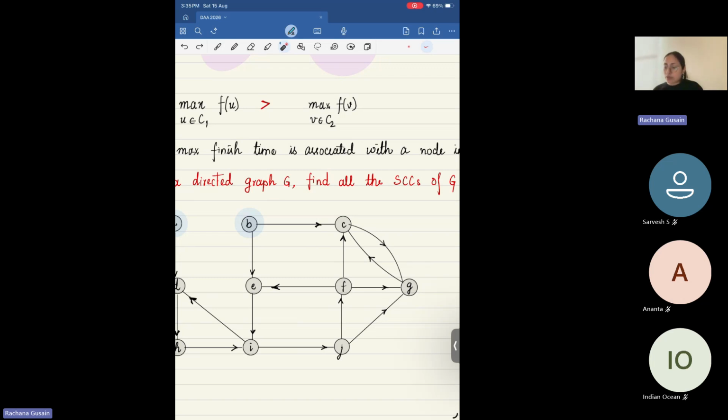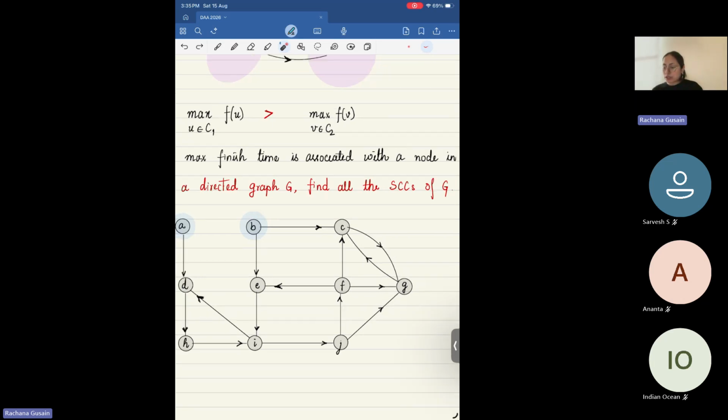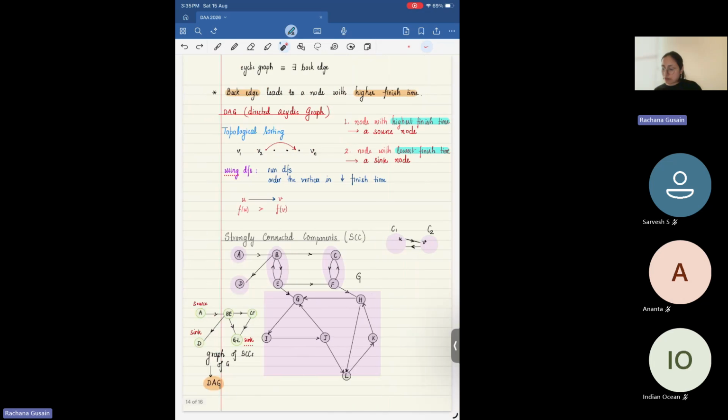So one vertex will only be a part of one strongly connected component, like the example that we had discussed yesterday. So A alone is a strongly connected component. D is a strongly connected component. B and E together is a strongly connected component. This alone is a strongly connected component.